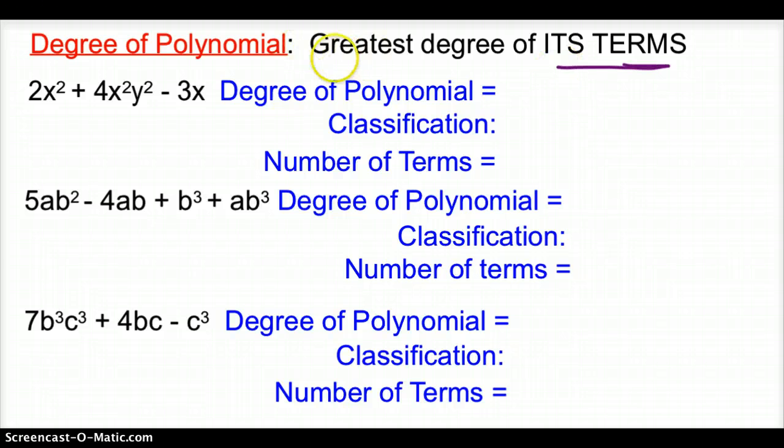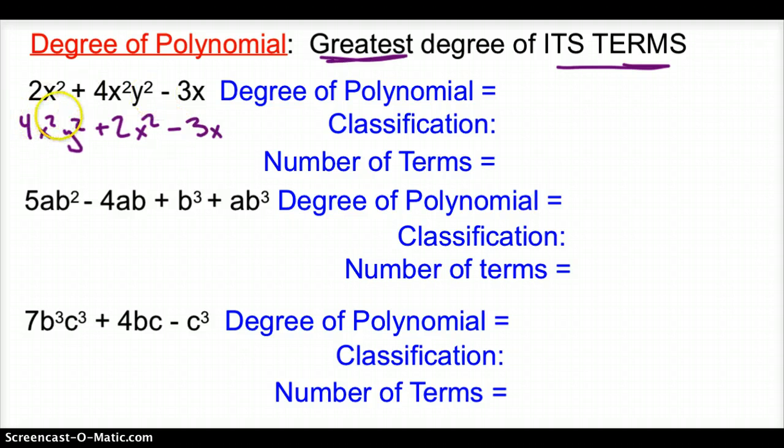Now again, the degree is the greatest degree of its terms. We have its terms and the greatest degree are important. Now when we are given these, let's go ahead and rewrite them in order of greatest to least, in descending order. So it's 4x squared y squared plus 2x squared minus 3x.